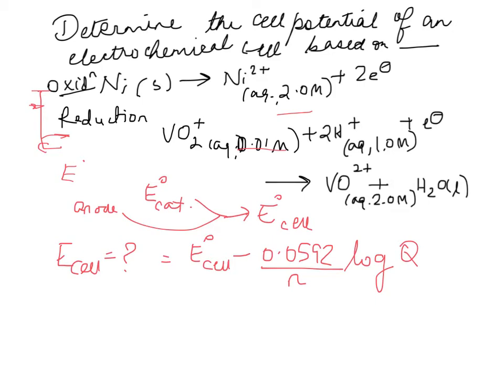So on my table, I'm looking at nickel, where are you? Nickel 2 plus plus 2 electrons giving nickel. That is at negative 0.23. So let's write that.